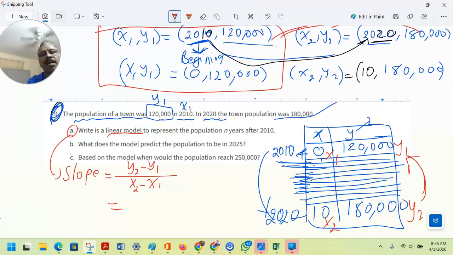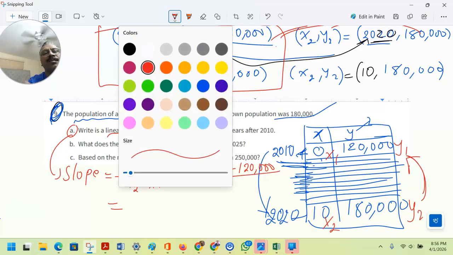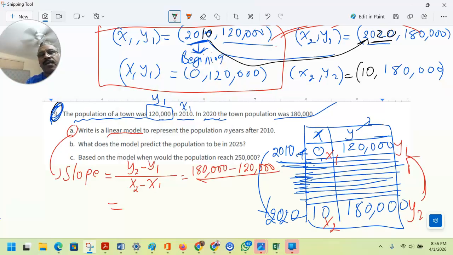So it is 180,000 minus 120,000 and divide by x2 minus x1. So this is x2, right? This x2 is 10, yeah, 10 minus 0.